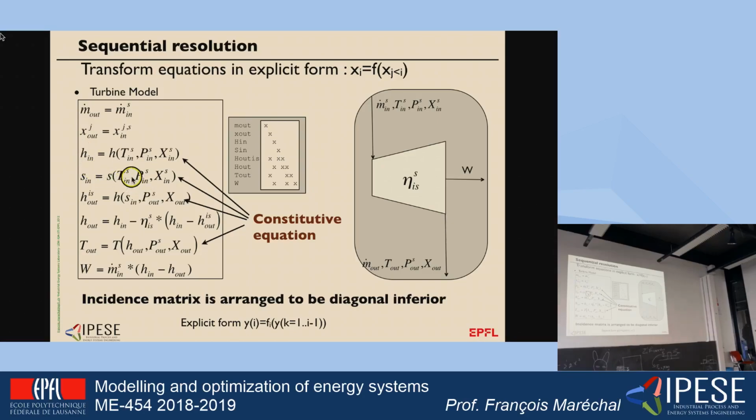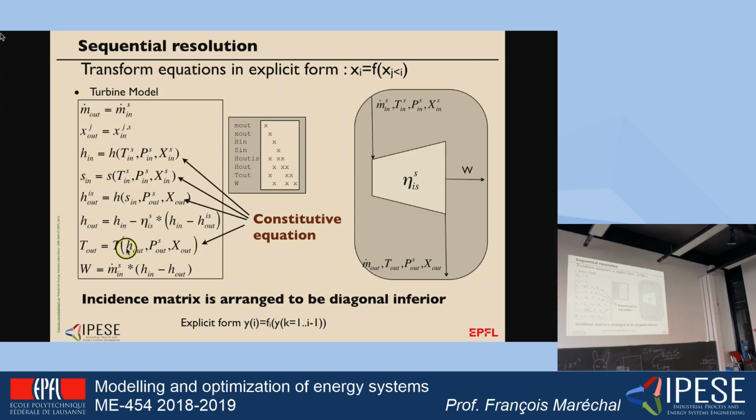Knowing the temperature, pressure, and composition, I will be able to calculate the entropy at the inlet. Knowing the entropy that I have calculated, and knowing the pressure, I will be able to calculate the isentropic enthalpy after the expansion. Knowing this value and knowing the isentropic efficiency, you can see that I know everything here. I will be able to calculate the enthalpy at the outlet.